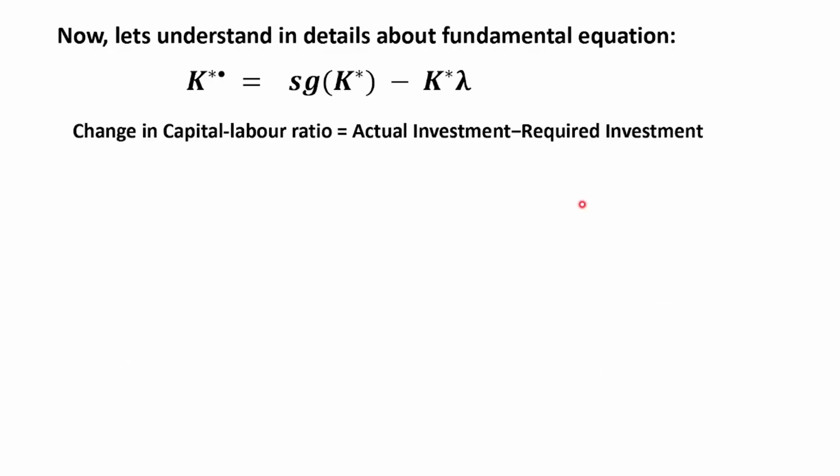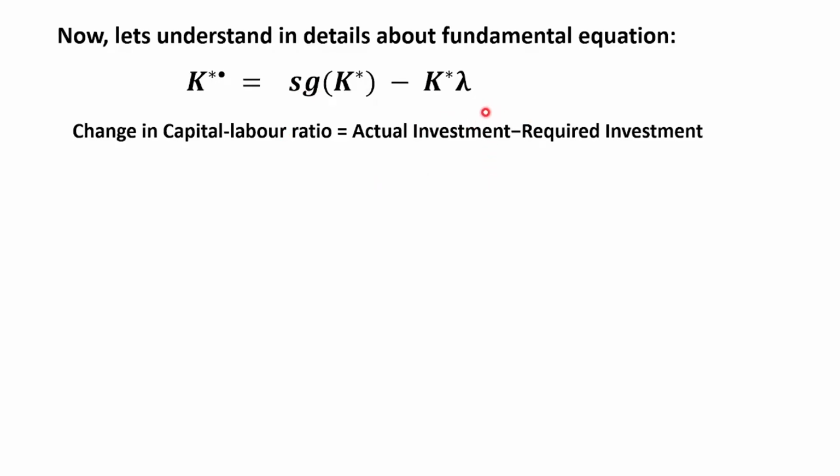In summary, the change in the capital labor ratio is k asterisk dot, s g(k asterisk) is the actual investment, and k asterisk lambda is the required investment. This is the fundamental equation of the SS model.